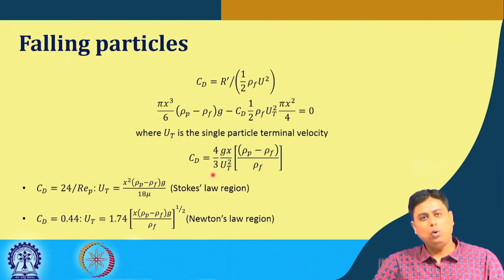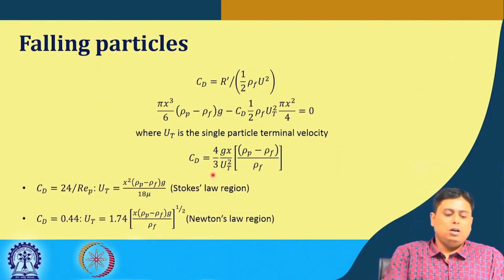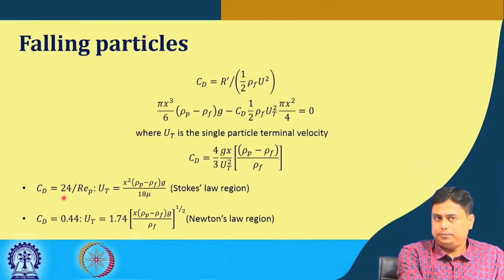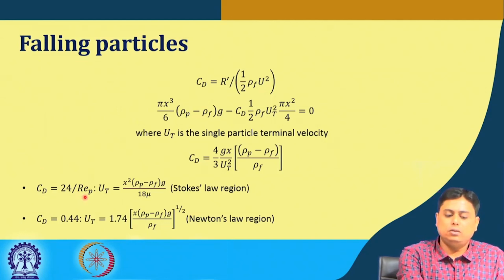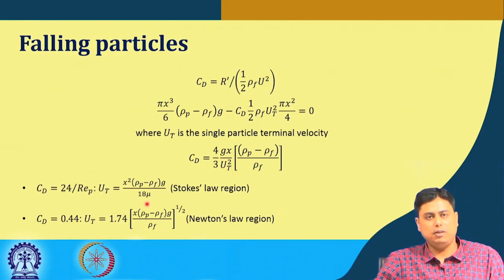Now, to know the CD, again we have to understand which regime or region we are talking about. That means, is it in the Stokes region, the Newton's law region, or the intermediate region. For the Stokes law region, we know the CD value. If we equate that in this expression, we can have ut values, which is given here in a simplified manner.